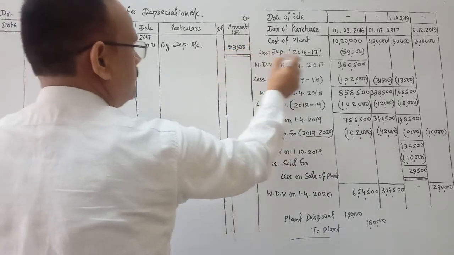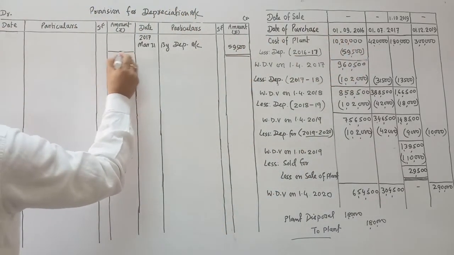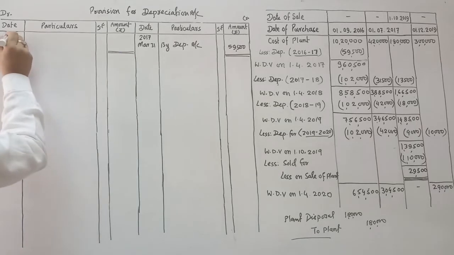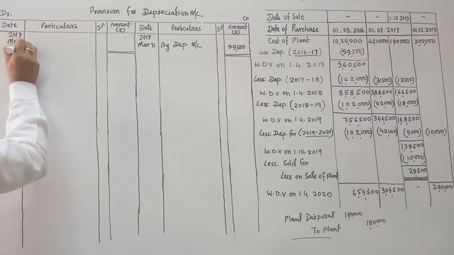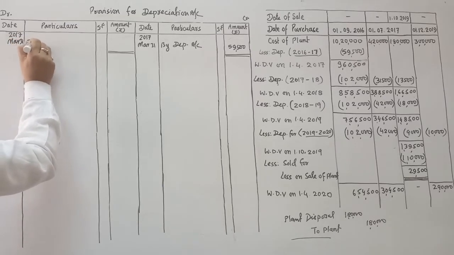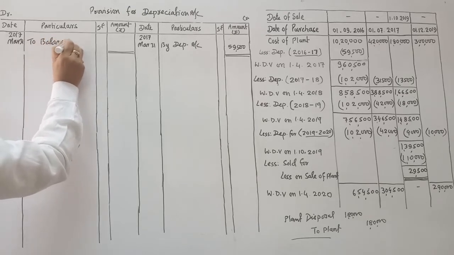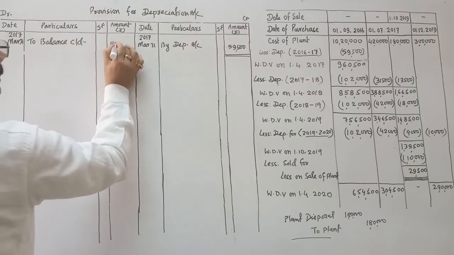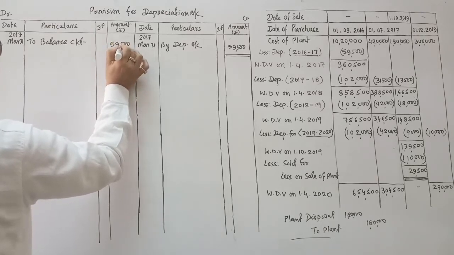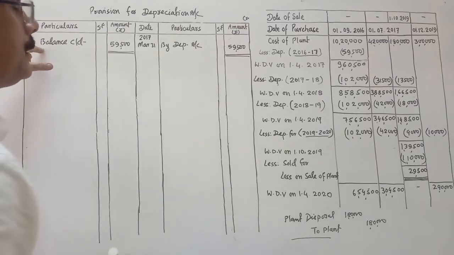Only one depreciation, of one machine. So this amount will be carried down. March 31st to balance carried down, 59,500.